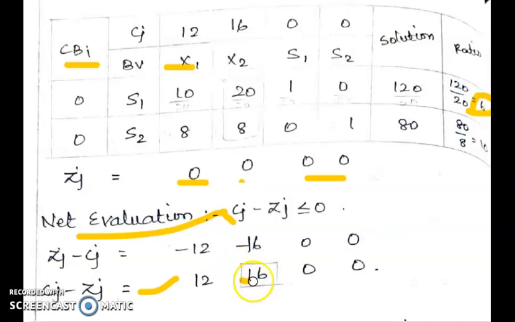Here the most negative value is for 16. This is called the entering variable. For the leaving variable, we choose the minimum ratio.